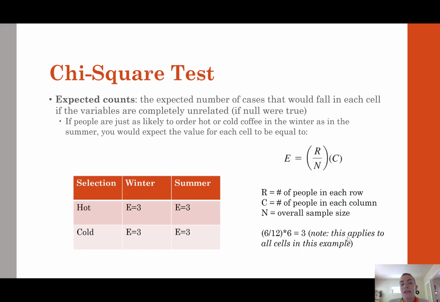And there is a little formula that you can use to calculate the expected values for each cell of a contingency table. And that is shown here on the screen. E equals R over N times C, where R is the number of total people for the row, C is the number of total people for the column, and N is the overall total sample size.